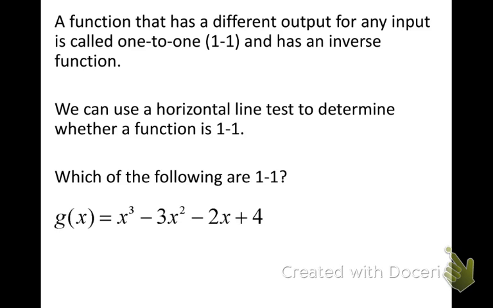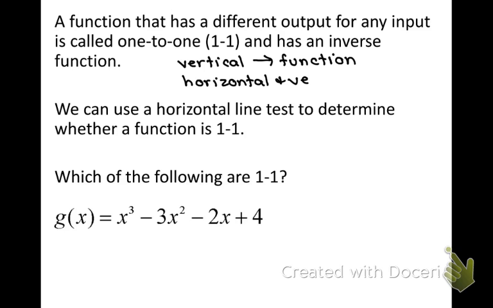So here's the deal. If we want to determine if something is just a function, we're going to use the vertical line test. The vertical line test can tell us if it is a function or not. The horizontal and vertical line test together can tell me if it's one-to-one.